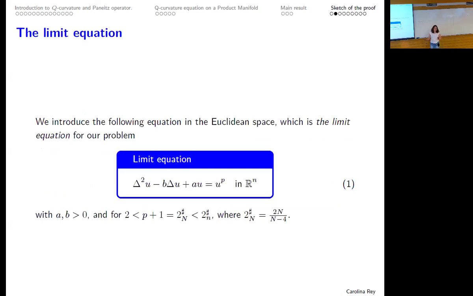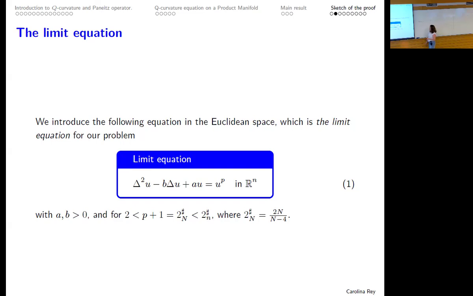To build a solution that concentrates around this geometrically relevant point, we will consider an equation in the Euclidean space, which is very similar to our equation, with some constants here, B and A. And we will study solutions in R^n. A and B are positive constants.